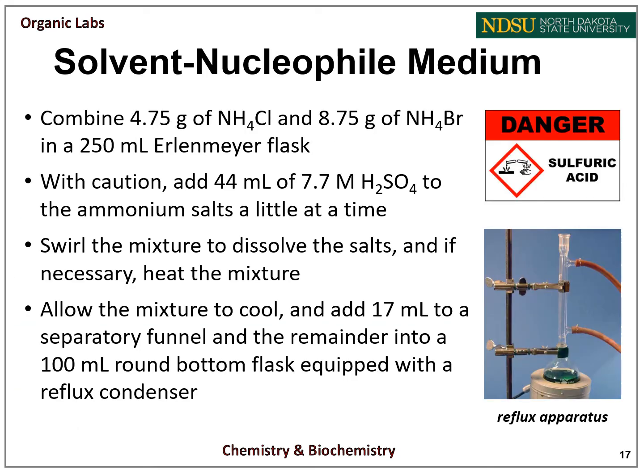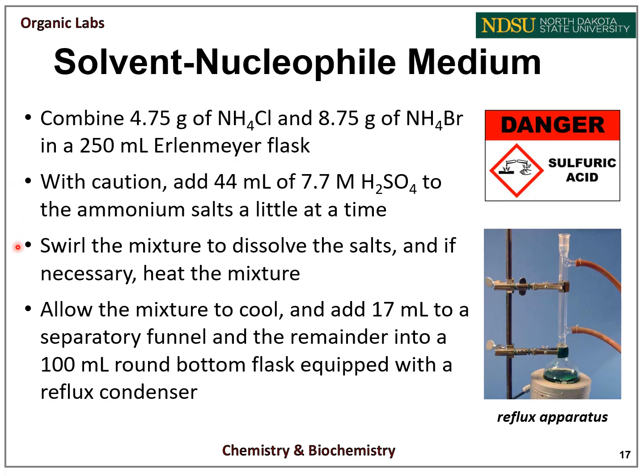First, we'll be preparing the solvent nucleophile medium. We'll combine 4.75 grams of ammonium chloride and 8.75 grams of ammonium bromide in a 250 milliliter Erlenmeyer flask. Then with caution, add 44 milliliters of 7.7 molar sulfuric acid to the ammonium salts, a little at a time.